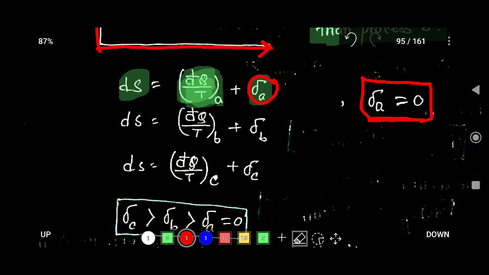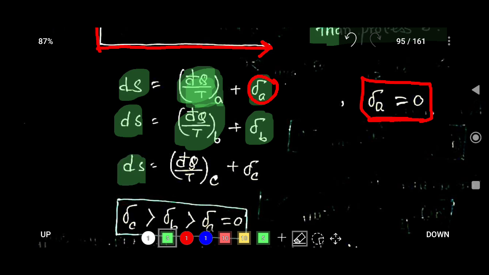Now for process b, dS is equal to del Q by T for process b plus delta b, and for process c the entropy change dS is equal to del Q by T for process c plus delta c. Here delta a is equal to 0, and then there is delta b and delta c.